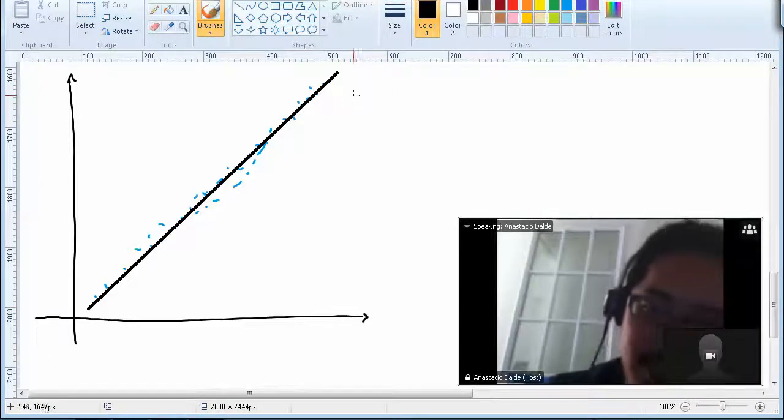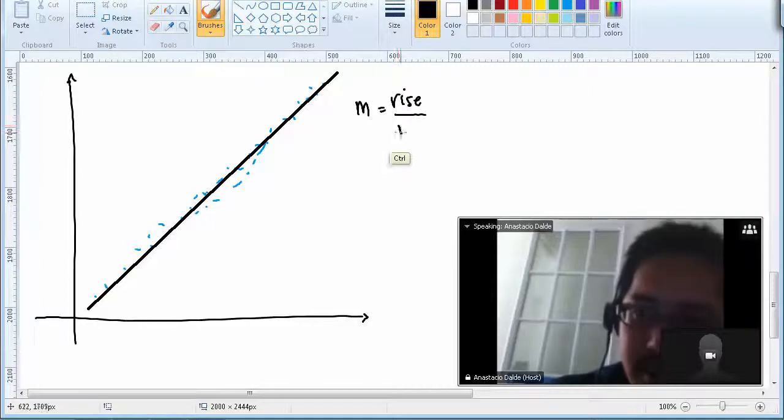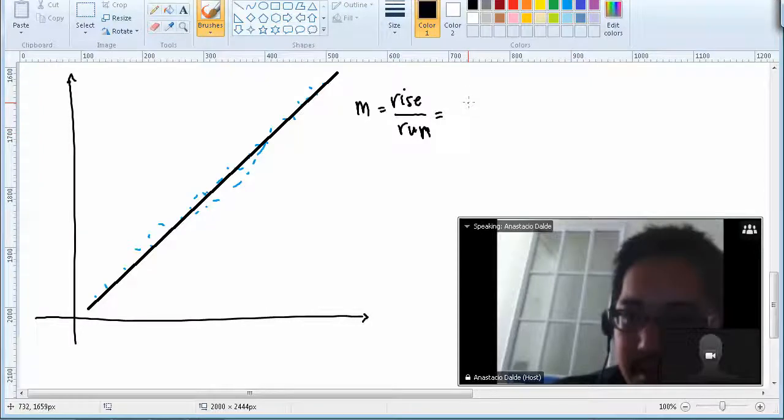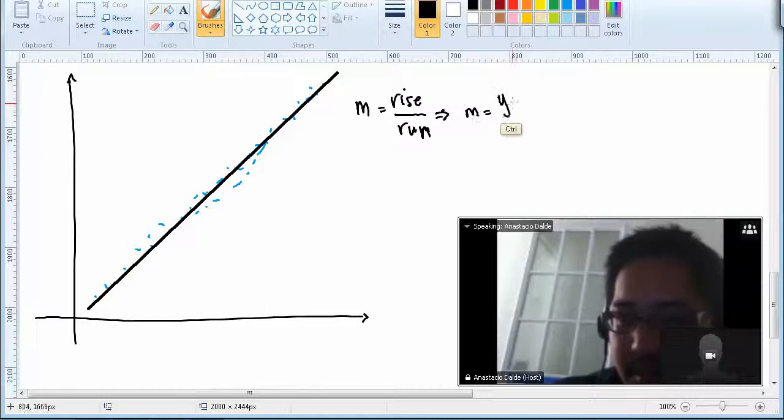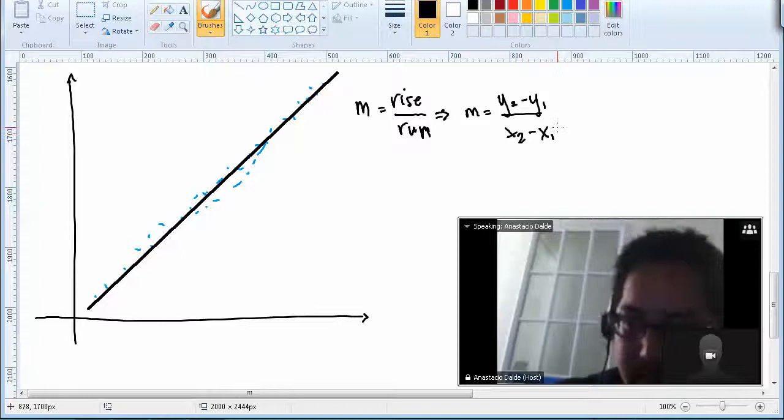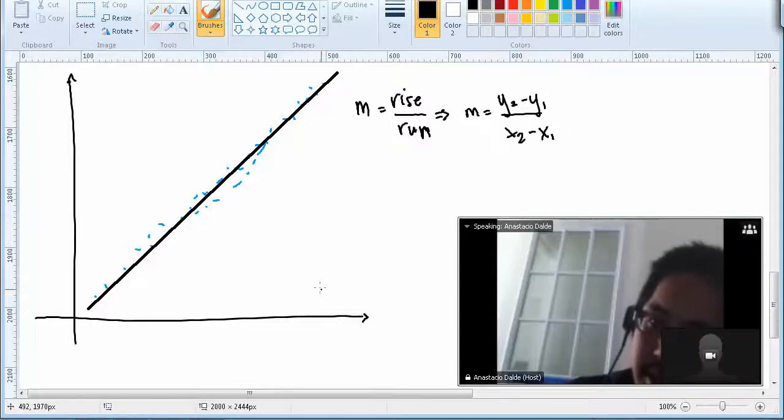The definition of slope is equal to rise over run, which is slope equals y2 minus y1 divided by x2 minus x1. And after you make your line, you find 2 points on this line.